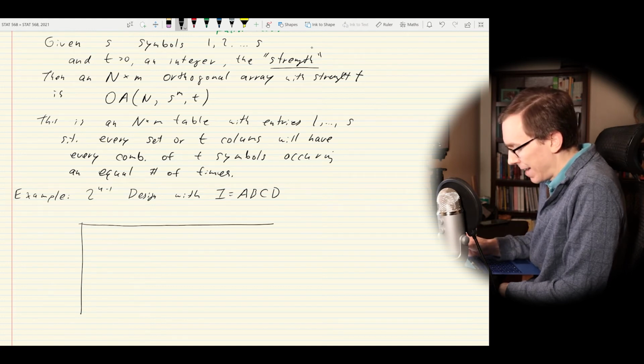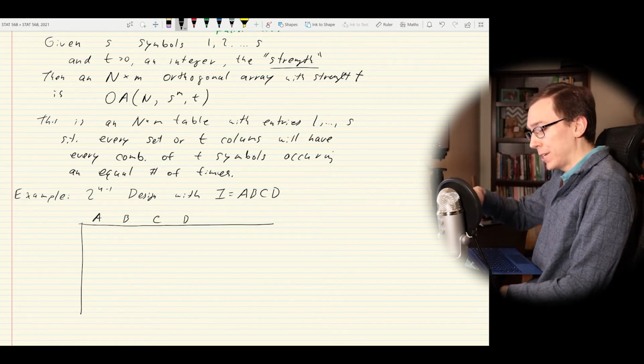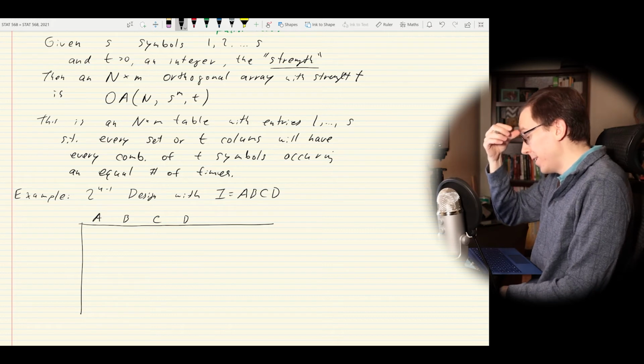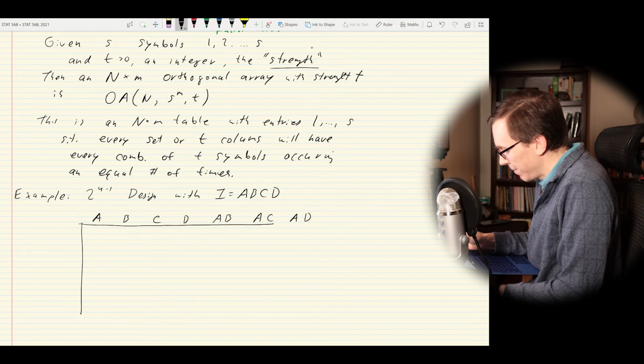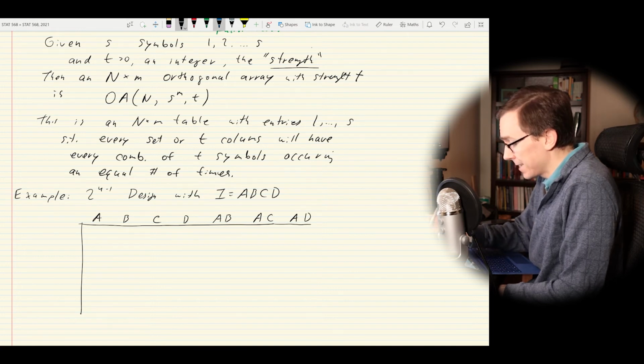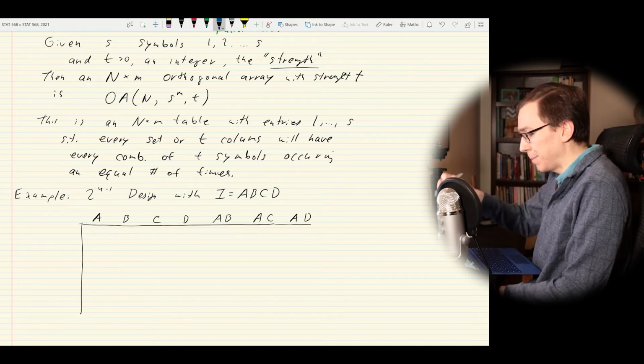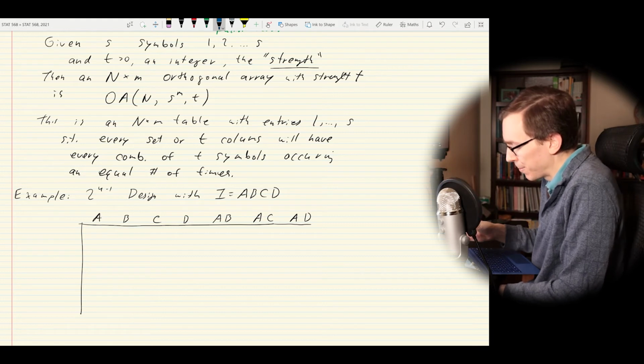this. So I would have A, B, C, D. Those are my 4 factors, my 2^4. And then I would have interactions AB, AC, AD. And if I consider the aliasing relation, remember each of these is going to be paired up with one other term.